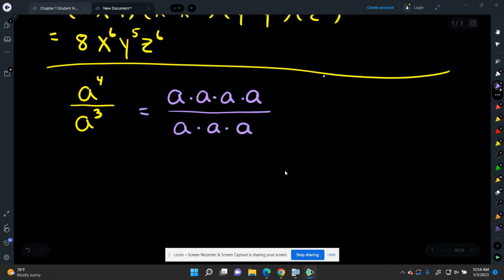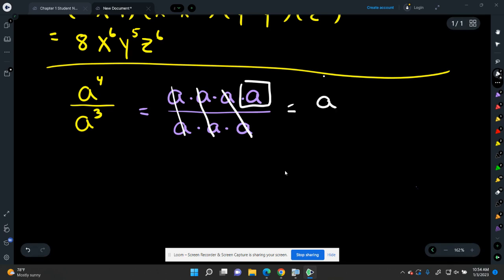Everybody copying this down? So what happens? Yeah, they cancel. All these a's cancel, leaving me with just 1 a on top. So that's just a.